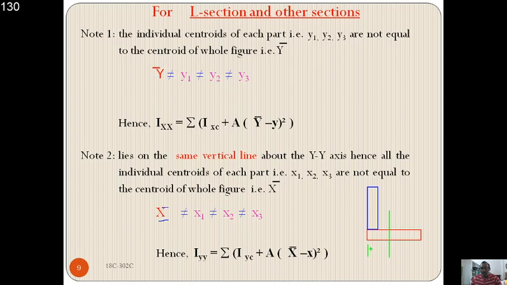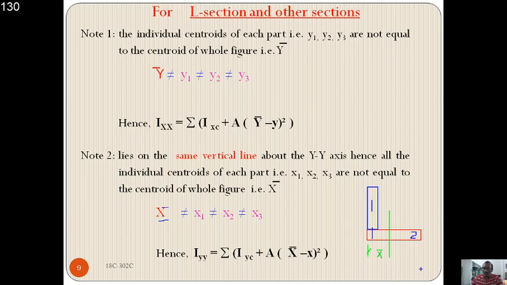From this point to this point is the x bar, and for the individual x bars, this is one portion and this is the second portion. The centroid will be here, not at this point. It is not symmetric about the y-axis as in the case of the I section.